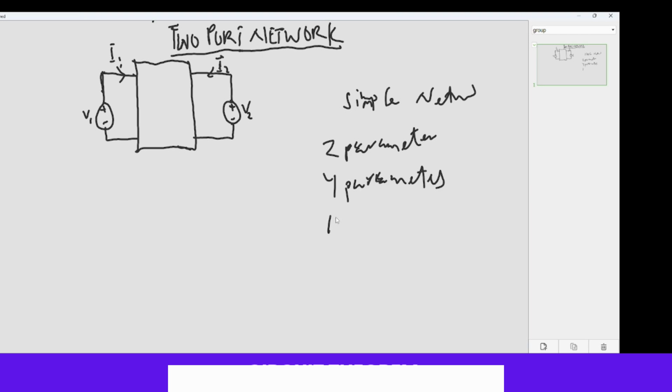Then a hybrid of them will be called H parameters. Okay, so for this video we are going to study solely our Z parameters, and in our subsequent videos we will look at the Y parameters as well.